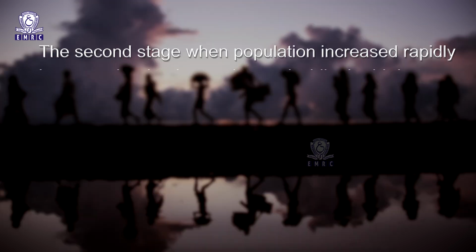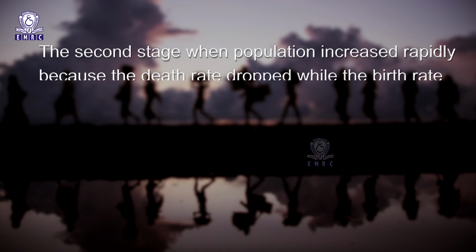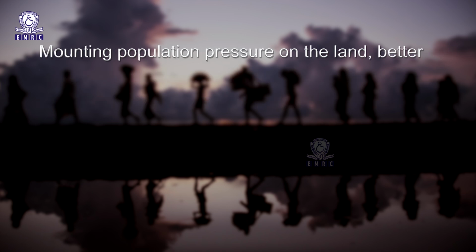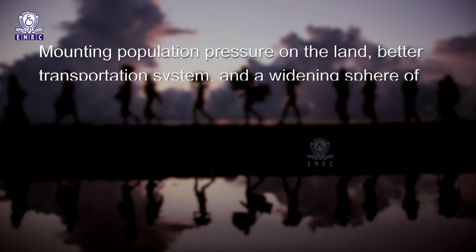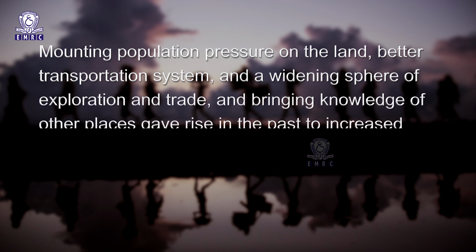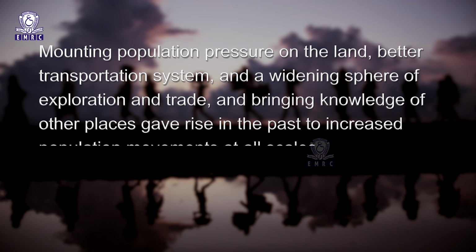The second stage, when population increased rapidly because the death rate dropped while the birth rate remained high, was a time of great migration. Mounting population pressure on the land, better transport systems, and a widening sphere of exploration and trade bringing knowledge of other places gave rise in the past to increased population movements at all scales.